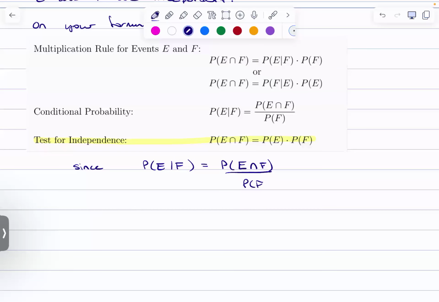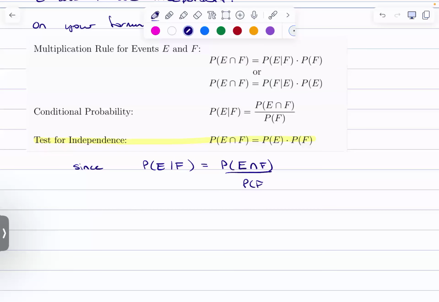Now, if E and F are independent, then we know that the probability of E given F doesn't care, so E doesn't care about F, and vice versa, F doesn't care about E. So if E and F are independent, the probability of E given F is just the probability of E, if and only if they're independent.